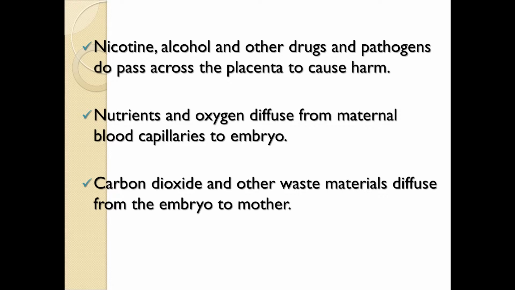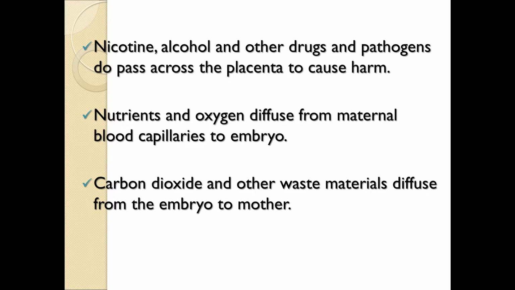The embryo has to depend on the mother to do that. So carbon dioxide and other waste materials that the embryo produces now need to move from the embryo into the mother's blood, and then the mother will excrete them or get them out of the body.